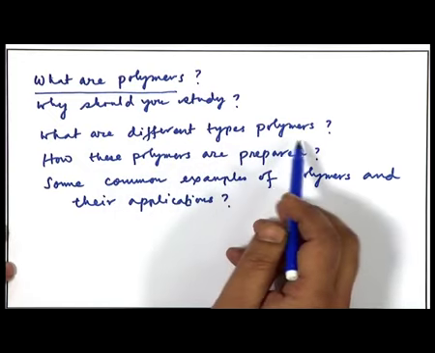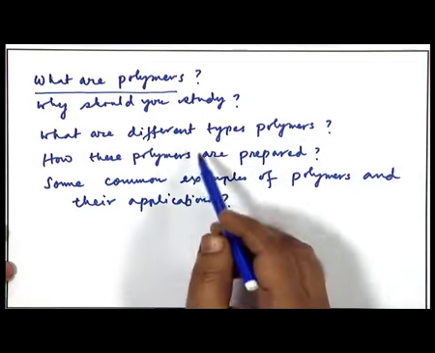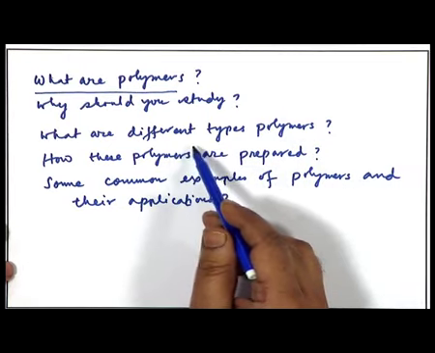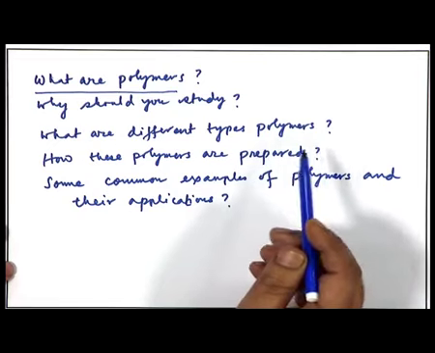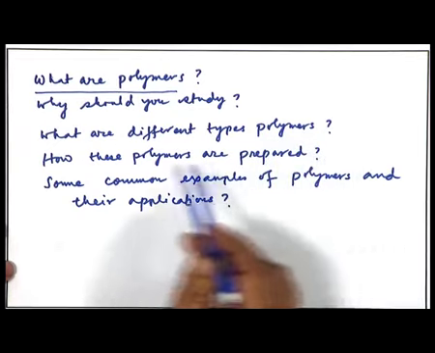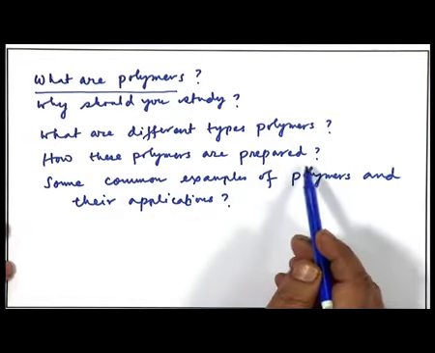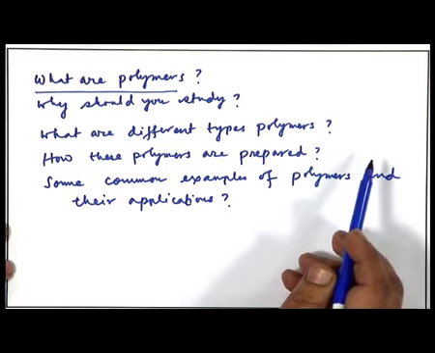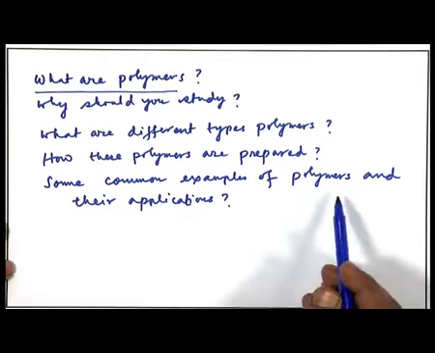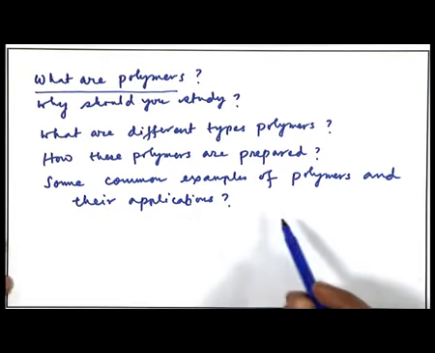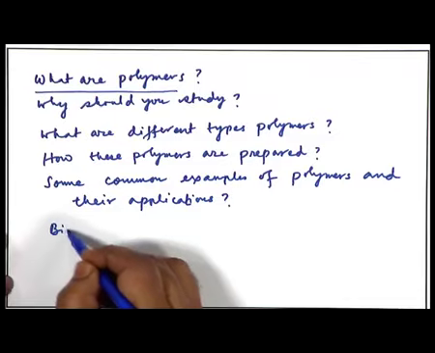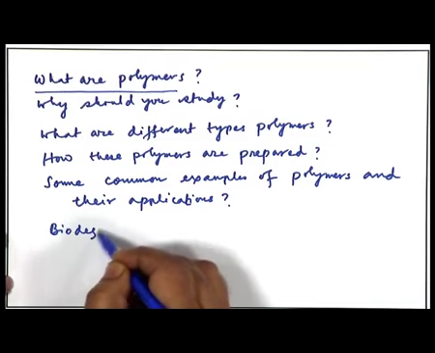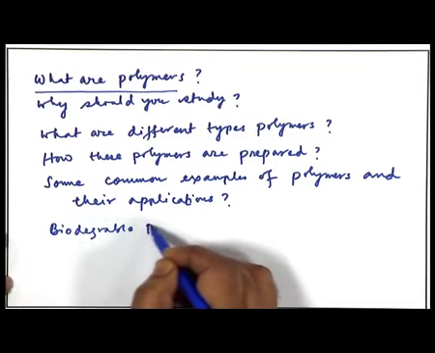We talked about different polymerization, different types of polymers, natural and synthetic polymers, and branched, linear, cross-linked polymers, and other types. We talked about how you prepare them: condensation, addition reactions, chain growth and step growth mechanisms. We gave some common examples of polymers and their applications, and we also briefly touched on biodegradable polymers.